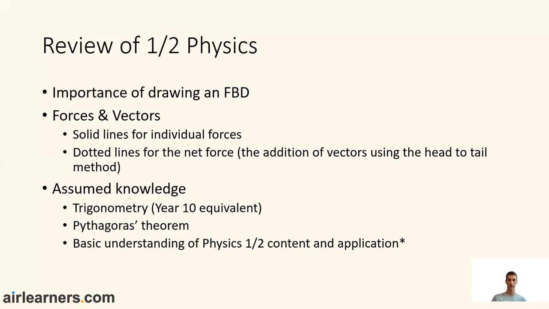The understanding of Pythagoras' theorem, which I believe is year 9, so hopefully you know that. And also a basic understanding of the physics 1-2 content and its application. So we'll just go over a couple of examples perhaps to start off throughout the course. But otherwise, most of that is assumed knowledge. If there is something that you think needs to be included in there, by all means get in touch.